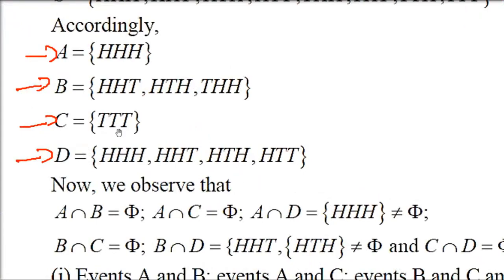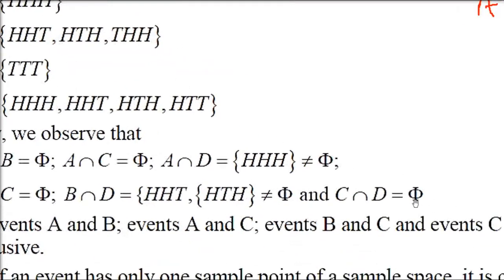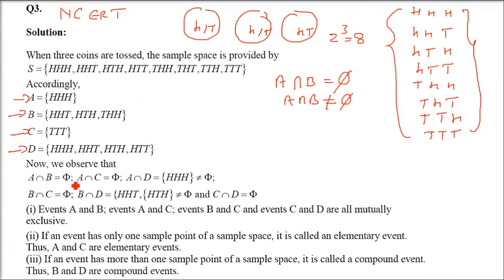C and D, is something common? Nothing is common. So what do we see here? Wherever phi is coming, that means these 2 sets are mutually exclusive. So which all are mutually exclusive? AB, AC, BC and CD. These are mutually exclusive.